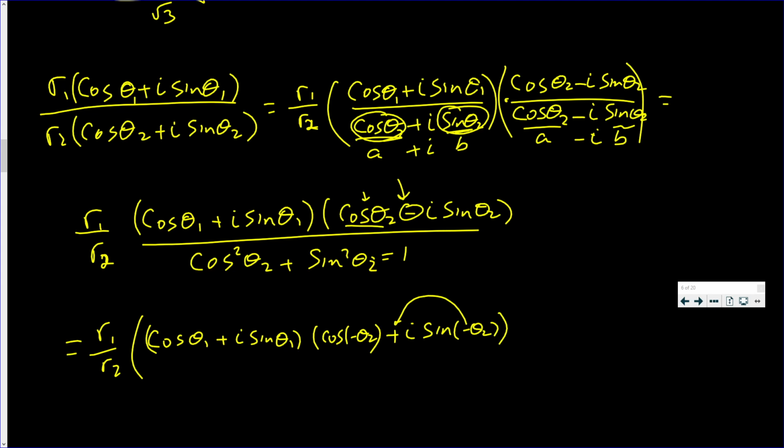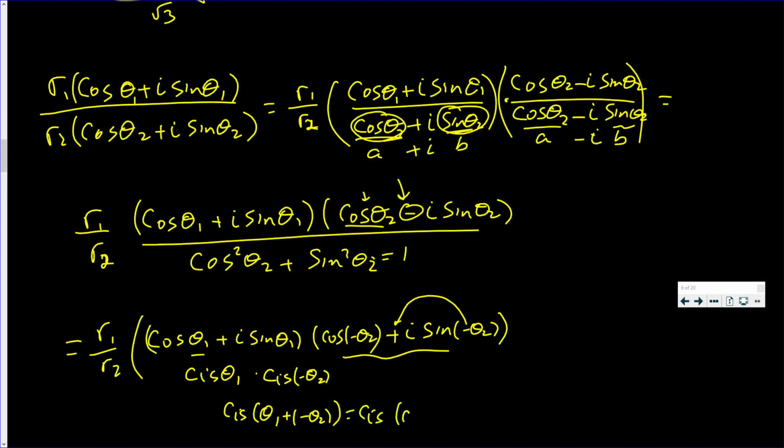Okay, I have a product: CIS theta 1 times CIS of another angle. Well, when you multiply, that becomes CIS of theta 1 plus the other angle.